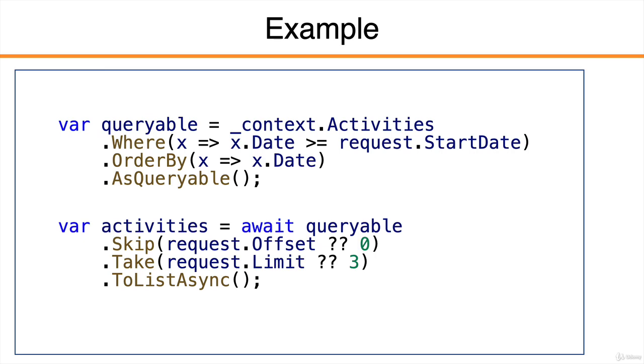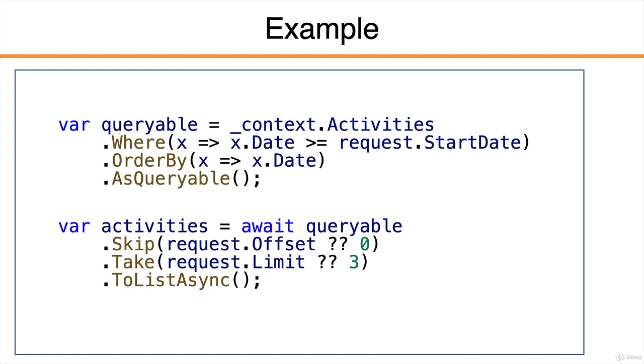When we're ready, we can execute this request, but we can also add additional expressions into our expression tree. In this case, we say await queryable, and then we skip however many records we want to skip. We can pass that an offset, and how many we want to take. These are the pagination operations that we'd use.